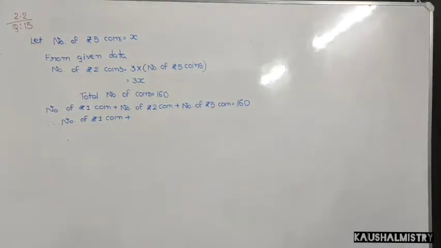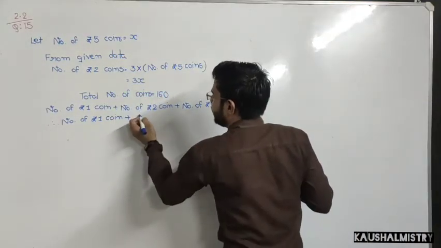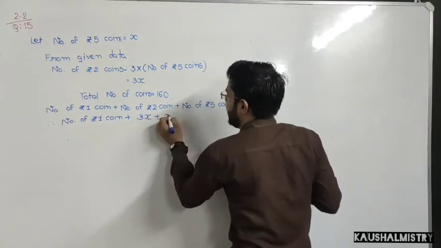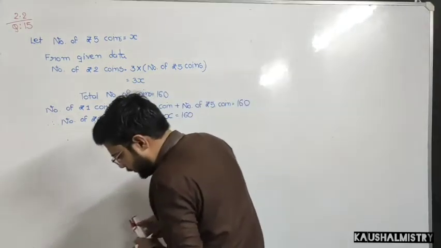Now number of 2 rupee coin will be 3x and number of 5 rupee coin will be x, that is equal to 160, right?